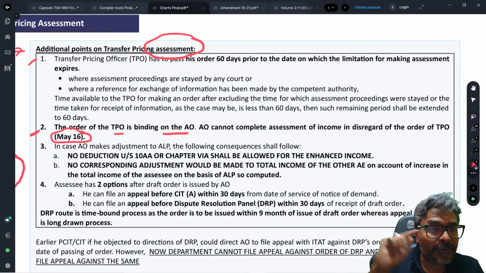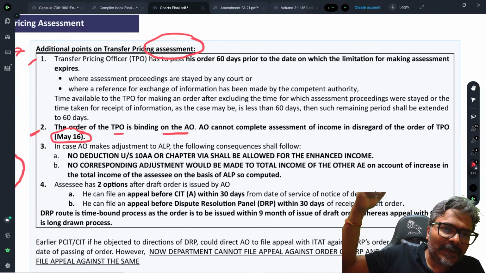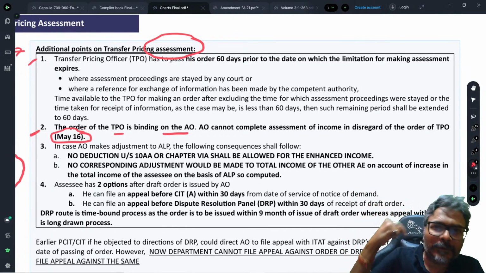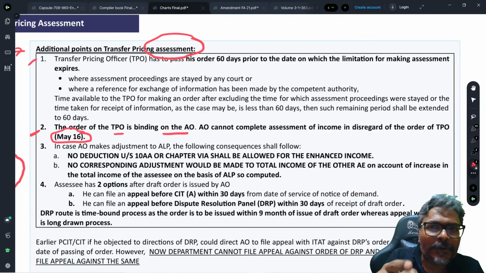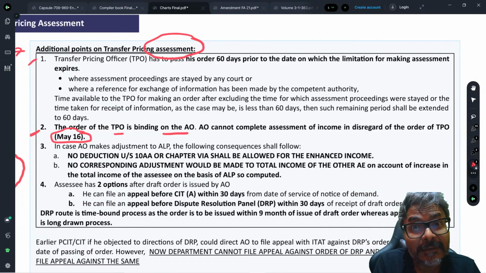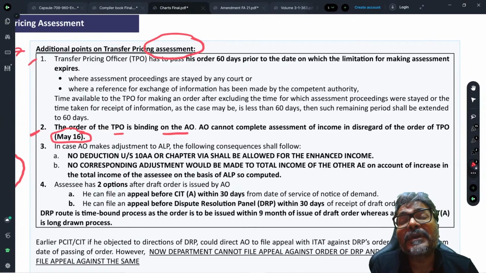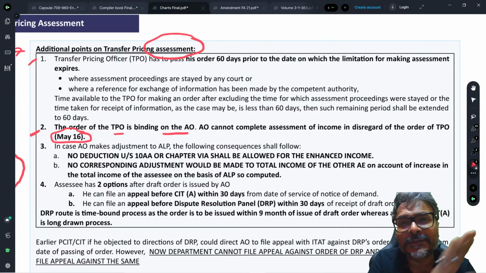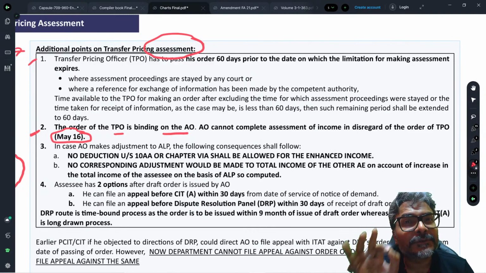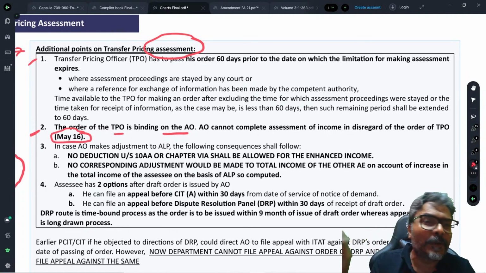Now please be careful. Once the transfer pricing officer gives its report, or once the valuation officer gives its report, the question arises: can the AO deviate from this particular order? To that the answer is no. The assessing officer, students, in this particular case cannot deviate from this order.